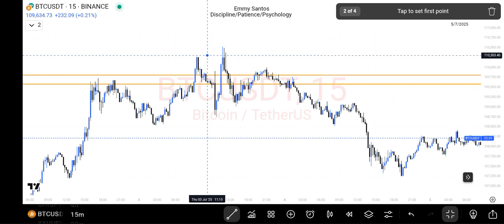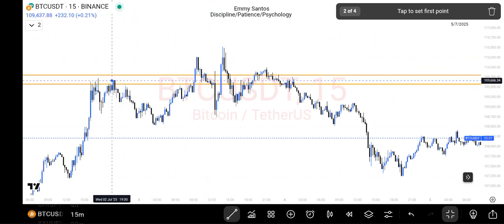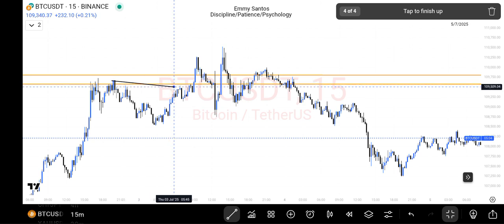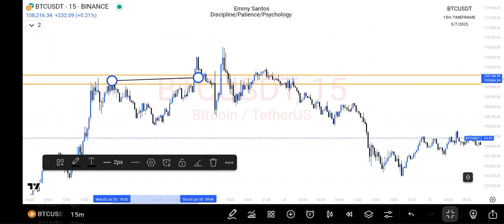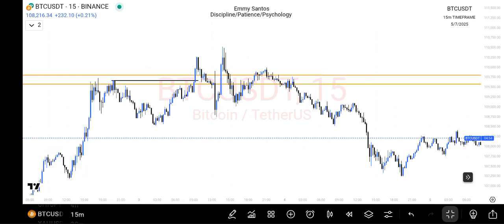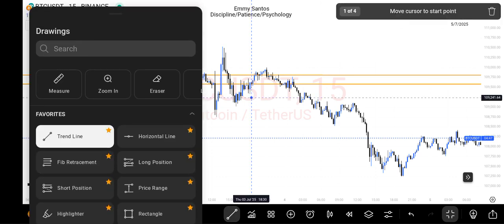This is a sweep. This is not a clear break of structure. This is a clear break of structure. And price again still came back, formed this, and swept liquidity here.